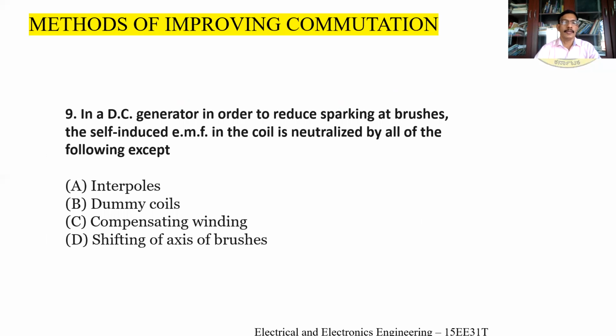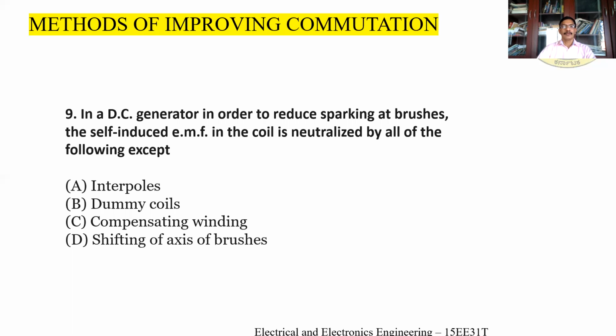Next multiple choice question. In a DC generator, in order to reduce sparking at brushes, the self-induced EMF in the coil is neutralized by all of the following except: options are A, interpoles, B, dummy coils, C, compensating winding, D, shifting of axis of brushes.